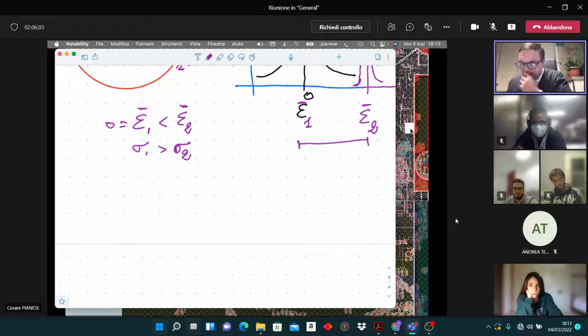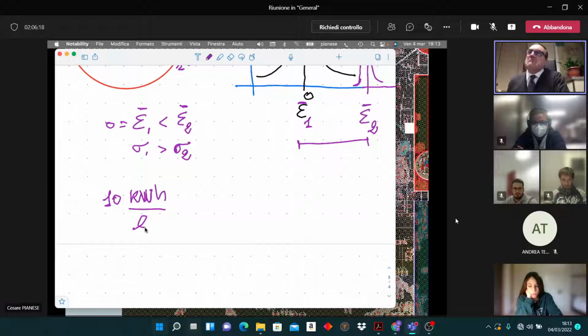Just doing numbers, 10 kilowatt hours of energy per liter of tomato juice. Okay, this is my model for a liquid to be handled by a set of machines and put in cans or bottles or whatever.